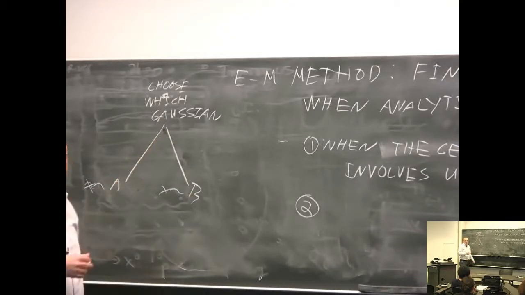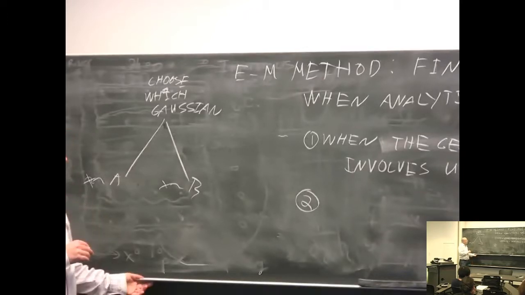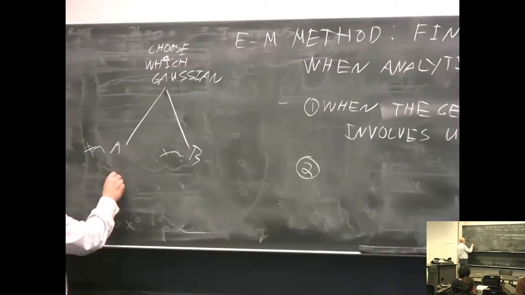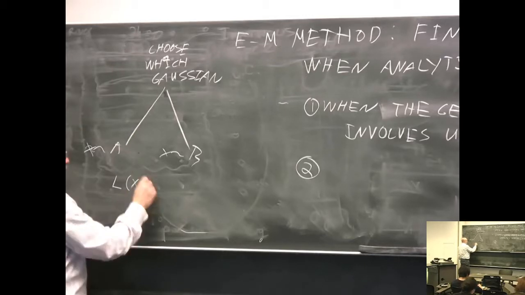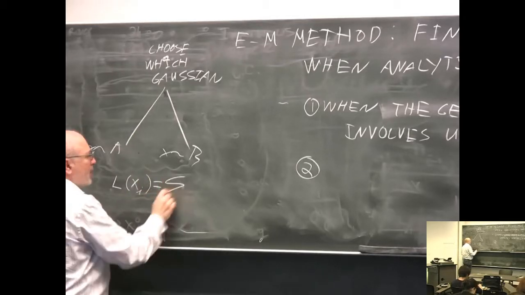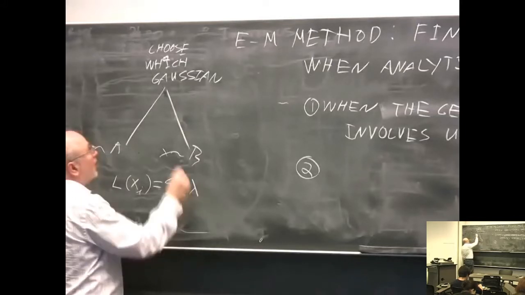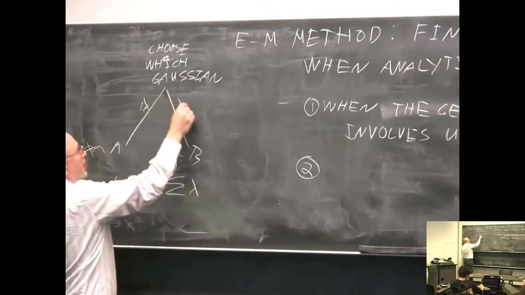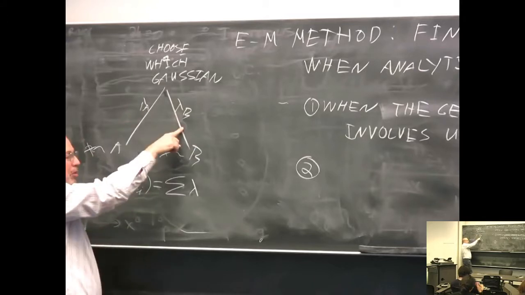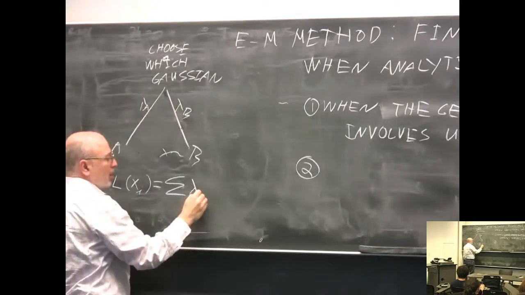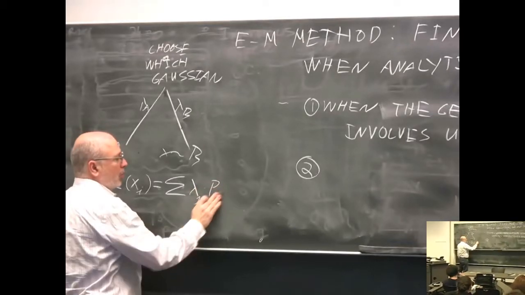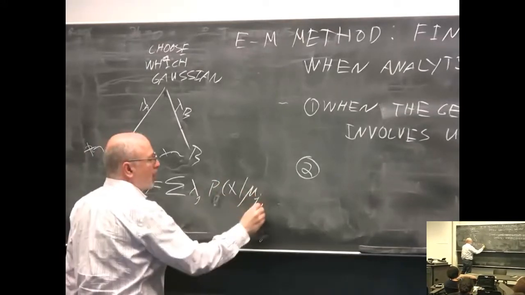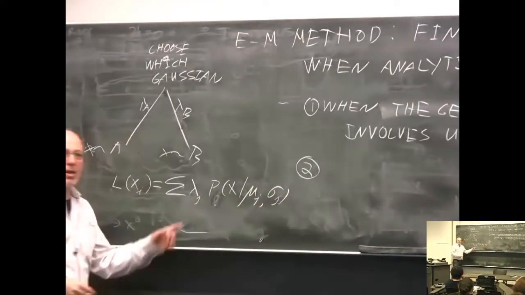But now I'll tell you a different story that has nothing to do with a generative story. I'll just give you a model that would have a similar behavior. So let me write the model for this. The likelihood of a particular data item is the sum of, this is lambda A, and this is lambda B. These are the probability of the coin falling on A, probability of the coin falling on B. Lambda J times the probability of X according to mu J and sigma J. This is the mixture of Gaussian story, right?